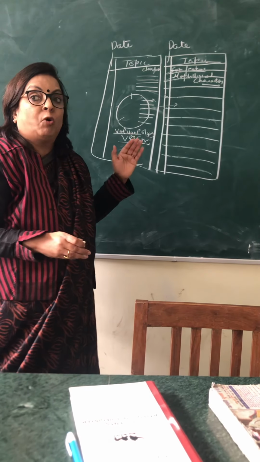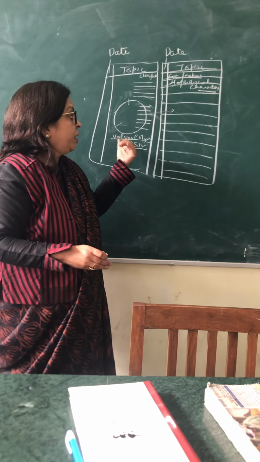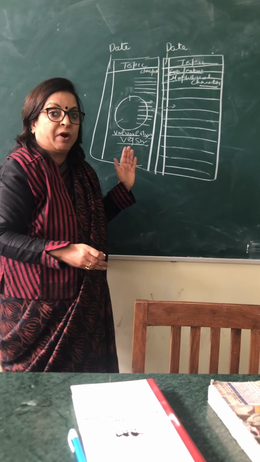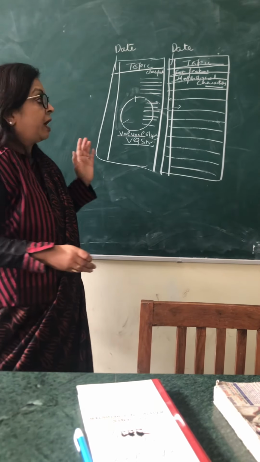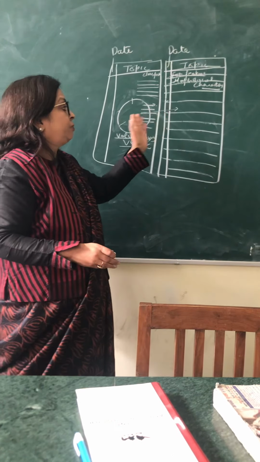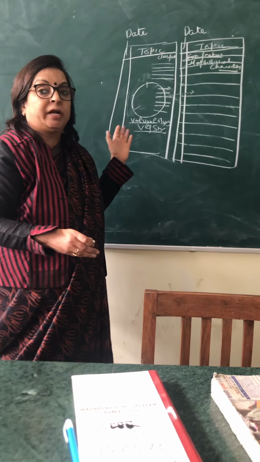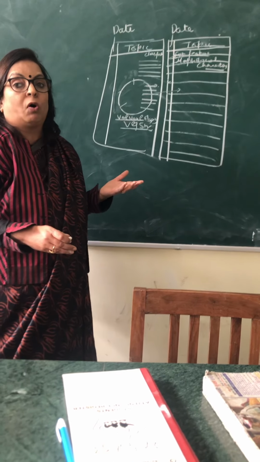If you have more explanation, then first write the explanation and draw the diagram, and then shift to the other side and draw another diagram and write the explanation in front of it. So always the diagram and the explanation are facing each other. It's not that the diagram is on one side and the explanation is on the other side of the paper. Then you will have to draw or write it again.